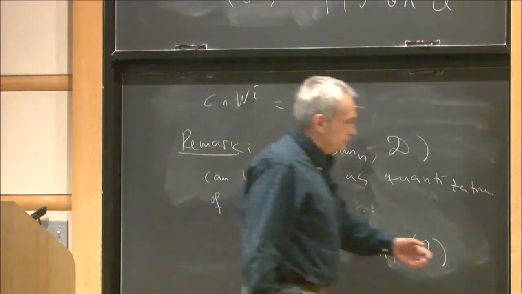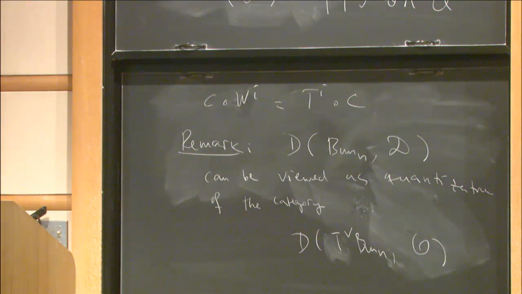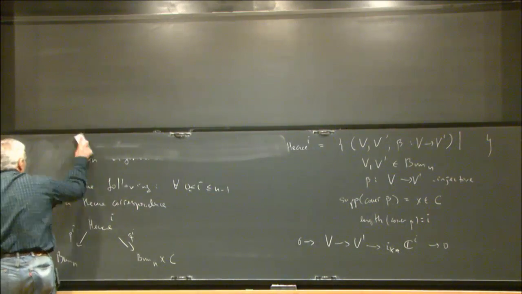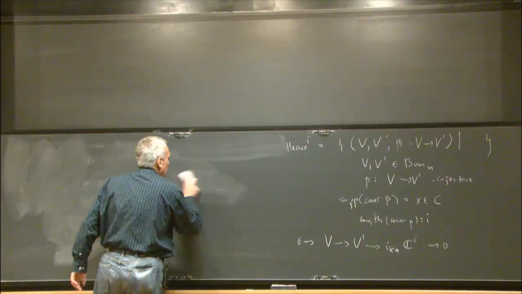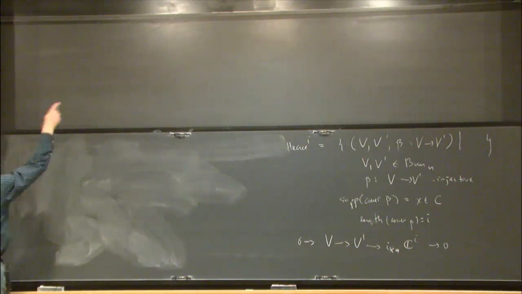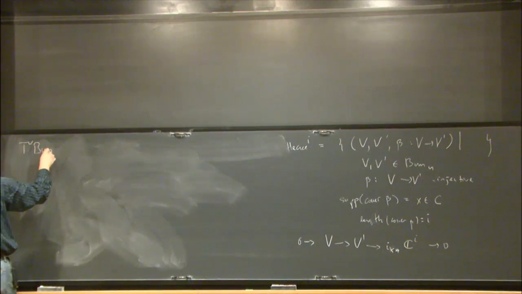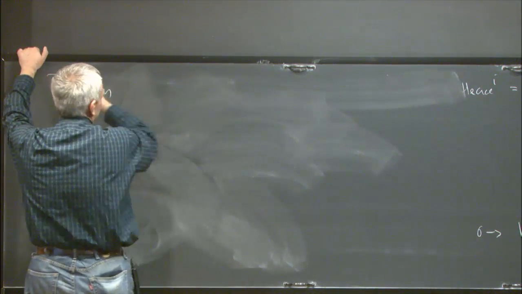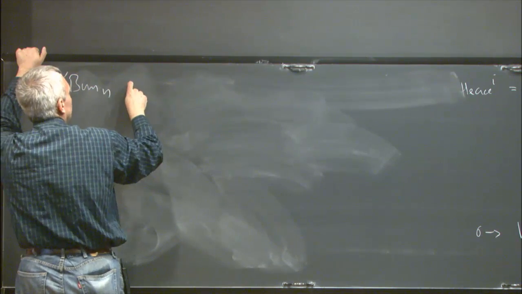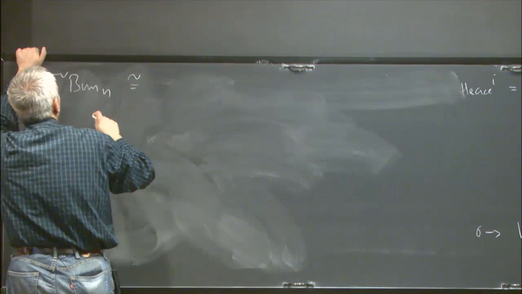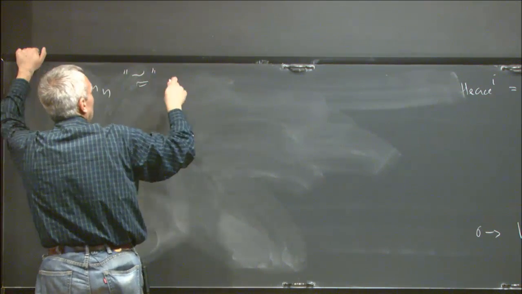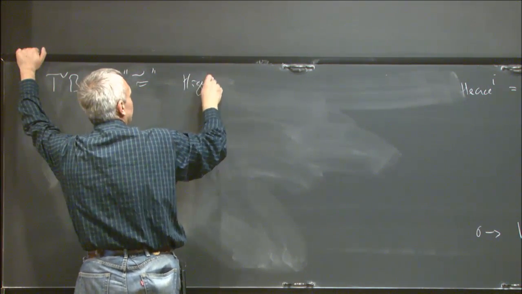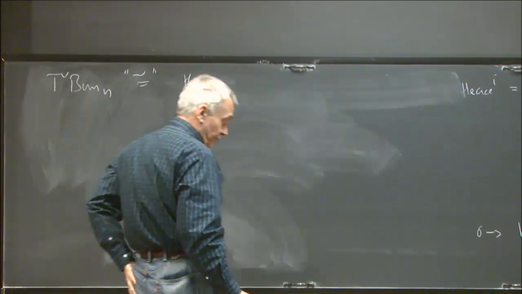And the cotangent bundle of Bun N, which is the moduli of Higgs bundles, well, at least if you ignore stability and you work with the stacks, so the cotangent bundle of Bun N, if you work with the stack and ignore stability, this is isomorphic, in quotes, to the moduli of Higgs bundles of rank n.